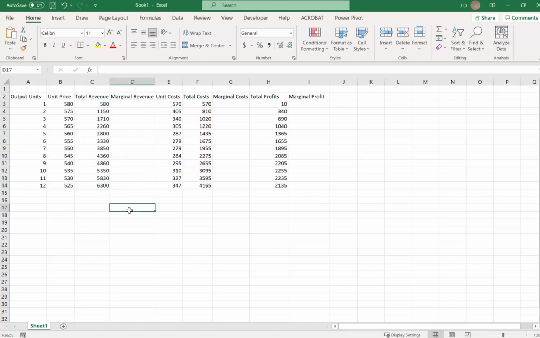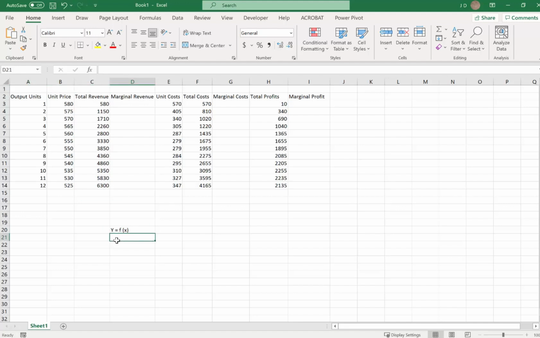So what is the marginal revenue then? Marginal revenue means for each additional unit we sell, how much additional revenue we're going to have. Earlier I said Y equals a function of X. So X increased by 1. This is your X, and this will be your Y. How much did that change?